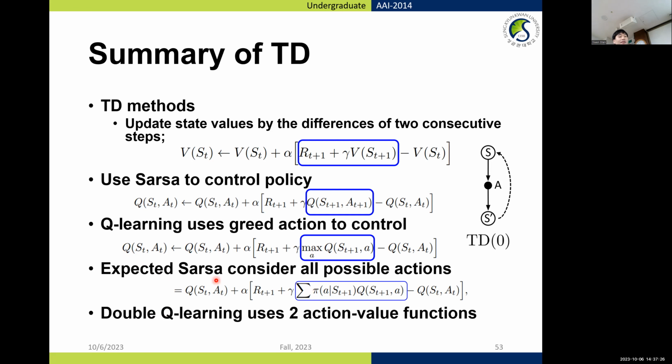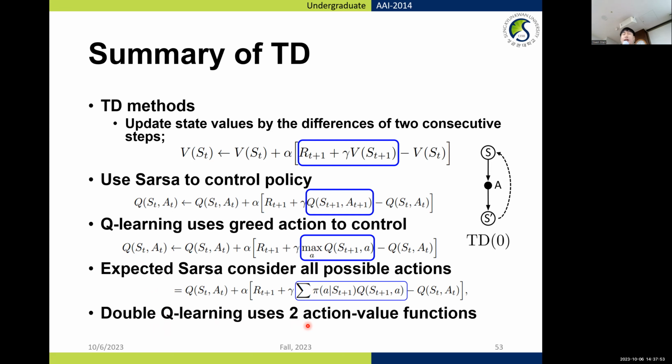We call it expected SARSA. But there's some maximization bias, so we design double Q-learning. We use two action value functions to mutually update each other, to avoid the maximization bias. So this is the whole knowledge of TD.